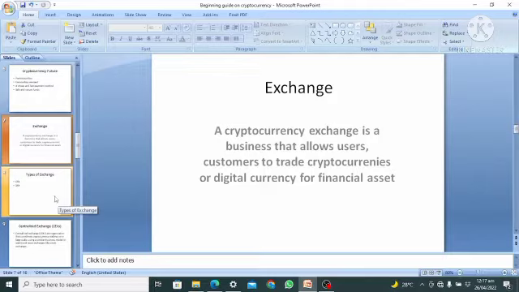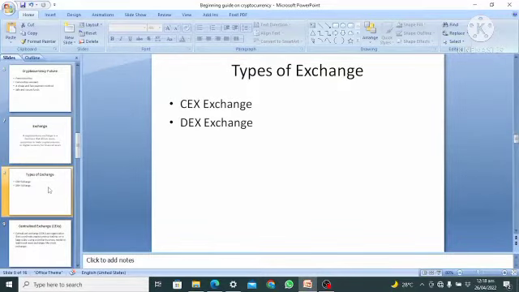A cryptocurrency exchange is a business that allows users and customers to trade cryptocurrency or digital currency for financial assets, to make money from it. The two types of exchange we have are the CEX, centralized exchange, and the DEX, decentralized exchange. So what does that mean?